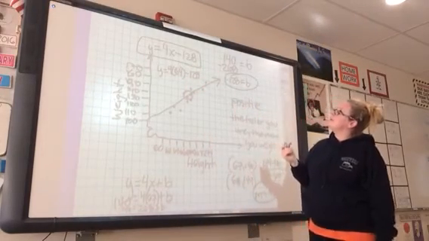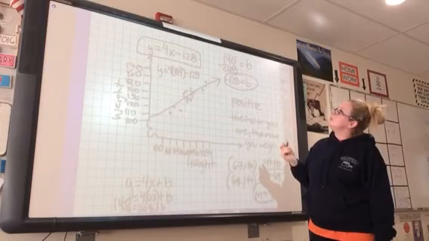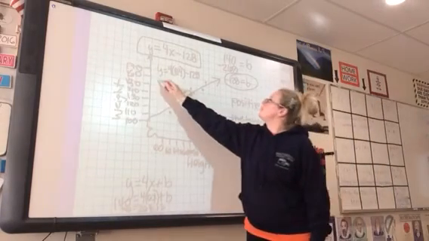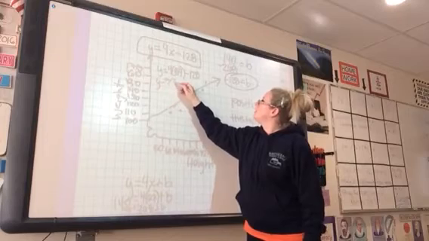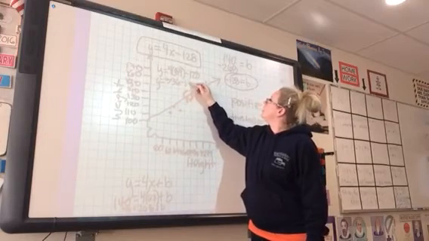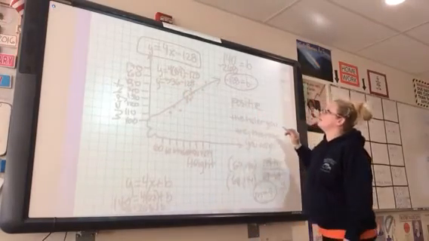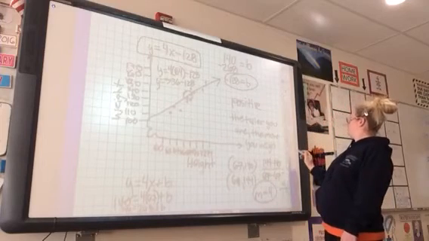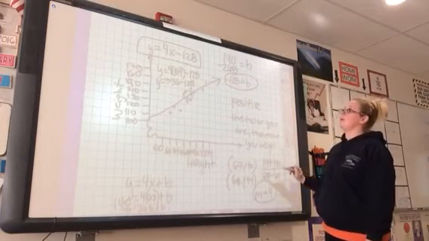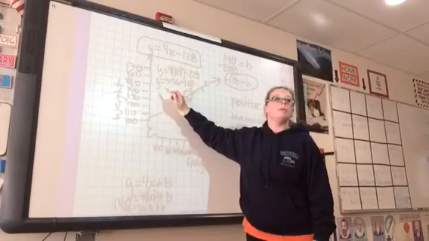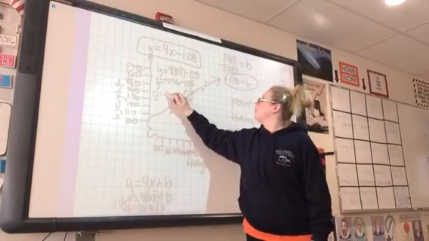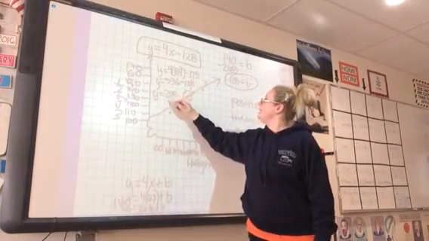So we get 336 minus 128, which is 208. So we get y equals 208.